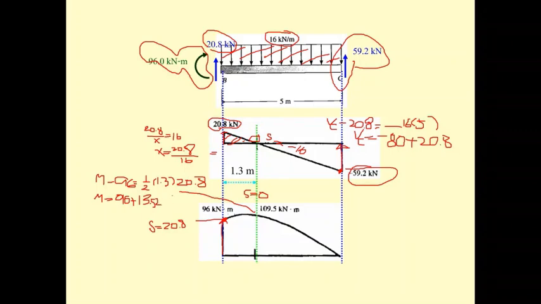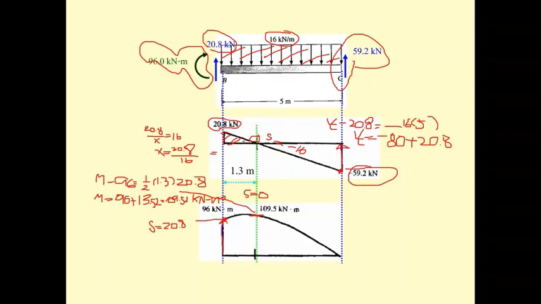Okay, and then you plus 96, it's going to be 109.52. So the result of this is going to be 109.52 kilonewton meter. That is the moment here, and the slope here must also be 0, and you have the curve here.